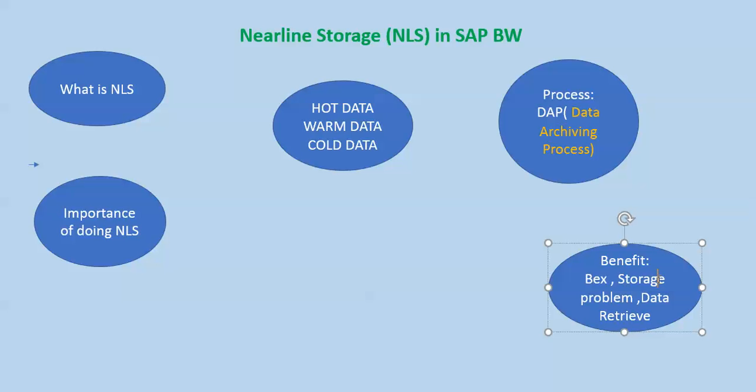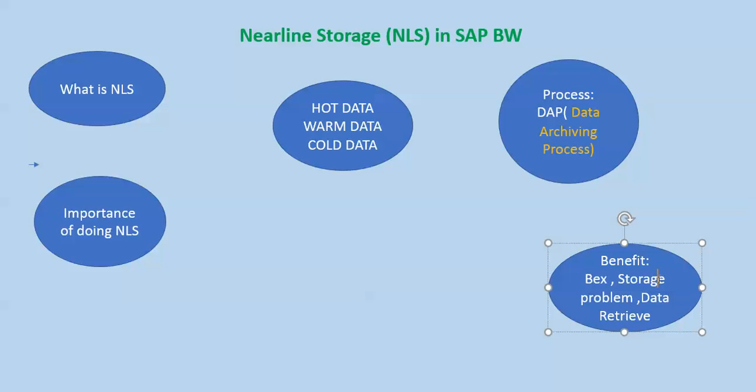If it goes more than 80% consumed, your system performance will suffer. So keep in mind that your database should not go above 75%. Doing nearline storage helps solve many problems. So all BW consultants, please be aware of this and start doing analysis in your project.